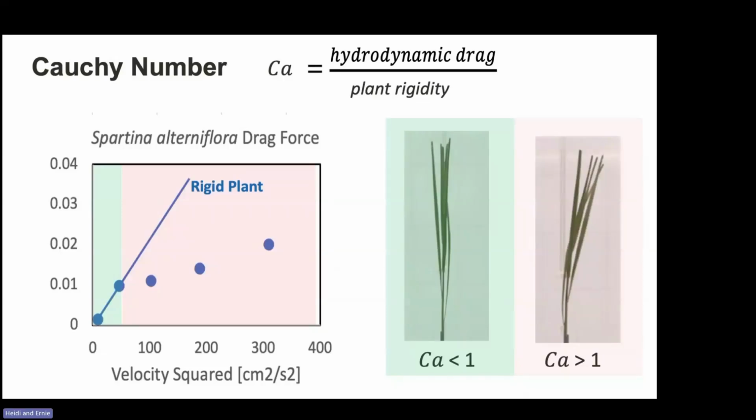When the Cauchy number was less than 1, shown with the green shading, the plant did not reconfigure, and the hydrodynamic drag was not high enough to overcome the plant rigidity. For these conditions, the drag increased linearly with velocity squared. But when the Cauchy number was greater than 1, shown with the red or pink shading, the plant did reconfigure, reducing the drag relative to the rigid plant.